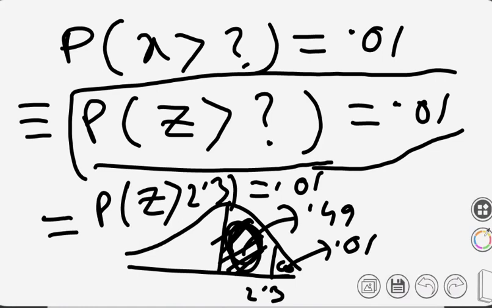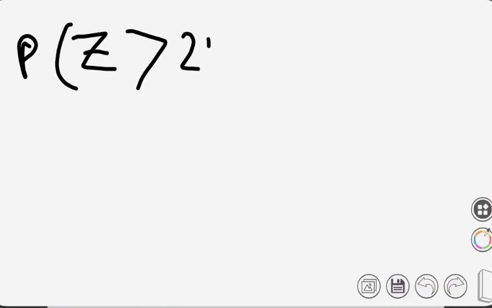So probability z greater than 2.3 is equal to 0.01, right? I am taking 0.489 as 0.49. We could have 4890 and 4893 and 4896. There seems to be a printing mistake here, it should be 4896.